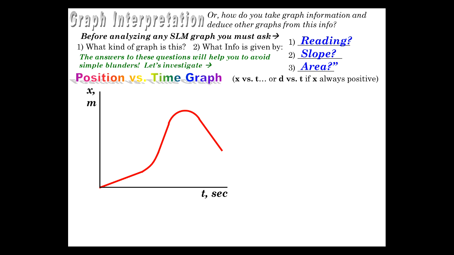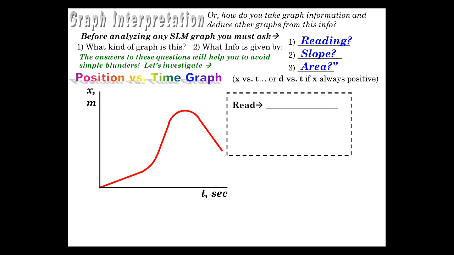And just picking some random plot. Okay, so first of all, real simple. When we read the graph, what information do we get? This is not a trick question. When you read the graph, you get the information that's over here, which is position. When you ask for the information given by the slope, here's an example.